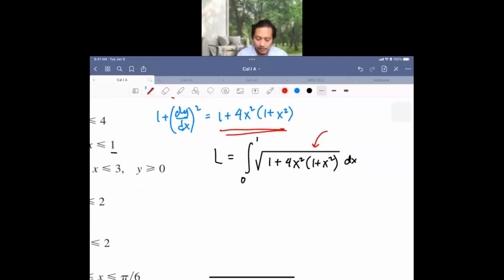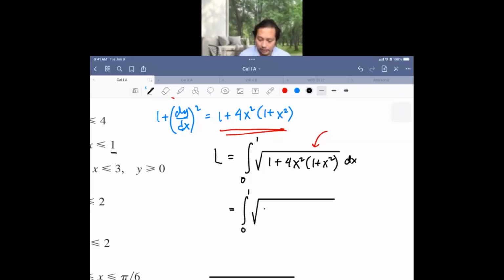So first we try to solve it. Perhaps we are going to just multiply.